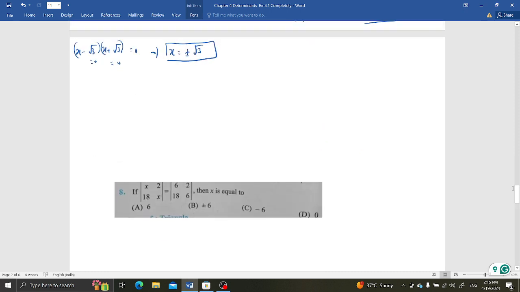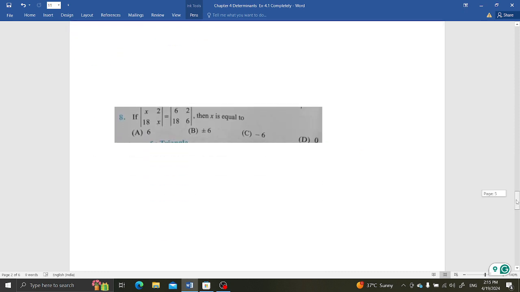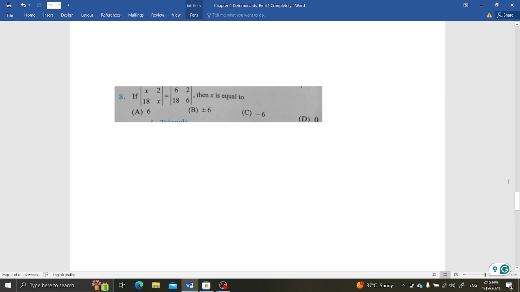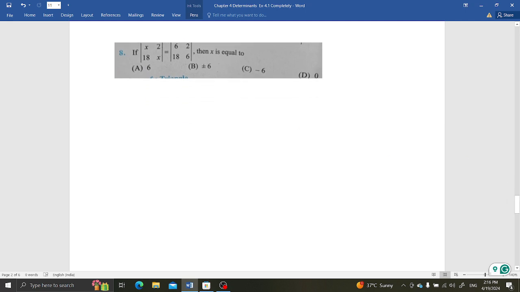Now I need to complete the last question of this exercise. Again we need to find the values of x. Here we need to find the value of x which satisfies the above equation, and they are giving the equation in the form of a determinant.